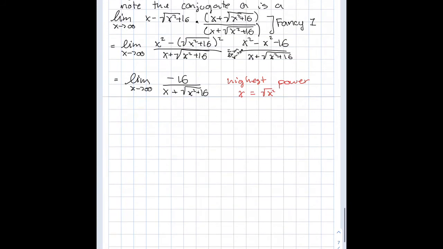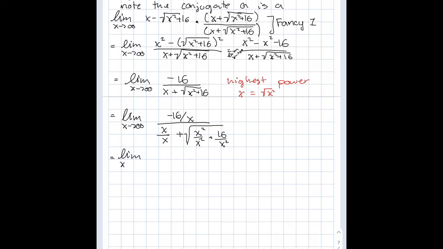So I can rewrite this as the limit as x goes to infinity of negative 16 divided by x, over x divided by x plus the square root of x squared divided by x squared plus 16 divided by x squared. I'm dividing the terms in the radical by x squared because I'm technically dividing by the square root of x squared.